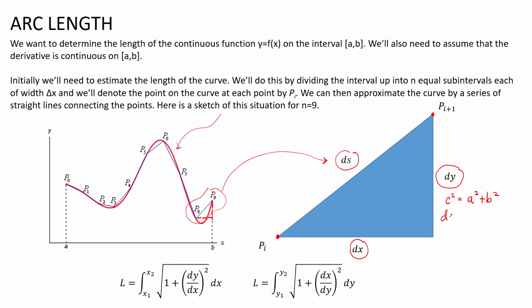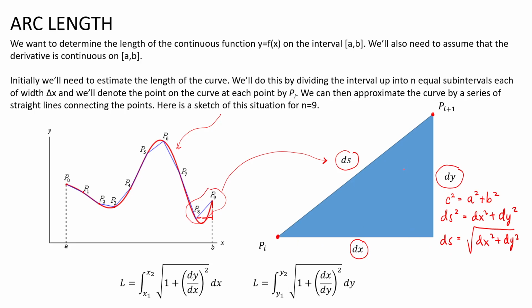So this becomes ds squared equals dx squared plus dy squared. Then your differential segment is equal to the square root of dx squared plus dy squared. Notice that our formula looks the same as the given formulas.